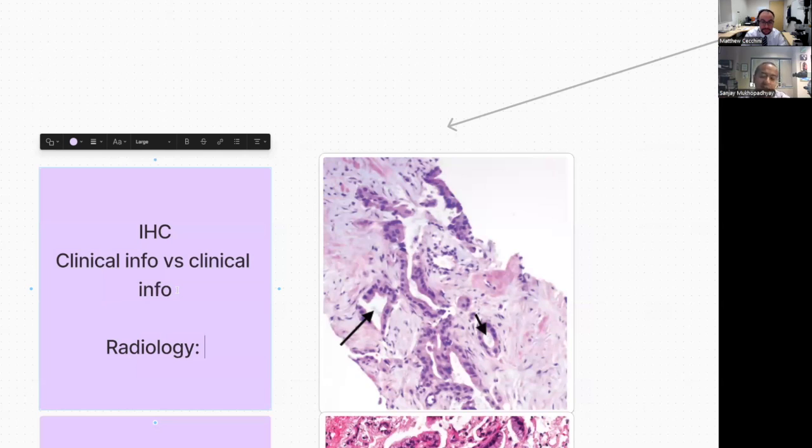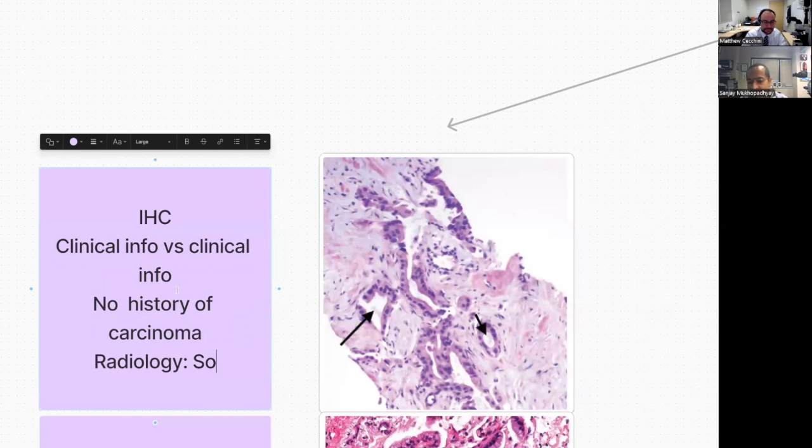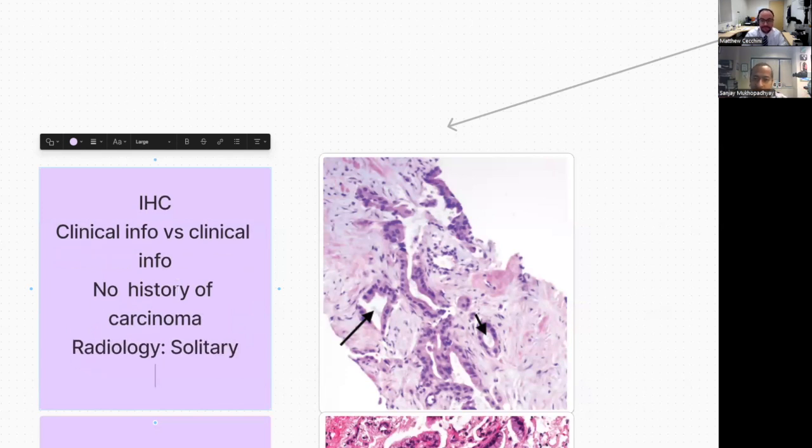Given that background, in a case with no history of carcinoma elsewhere, where the radiology is a solitary lung mass and the morphology is reasonable for lung, like in this picture, this morphology is very reasonable for a primary lung cancer. In such cases, I don't do any immunohistochemistry and I go straight to molecular.